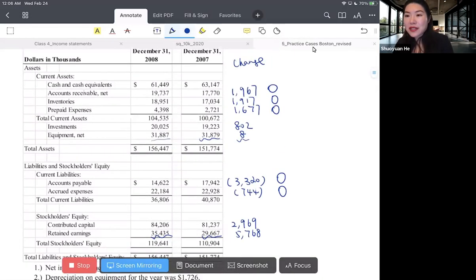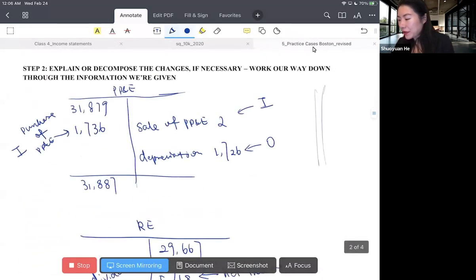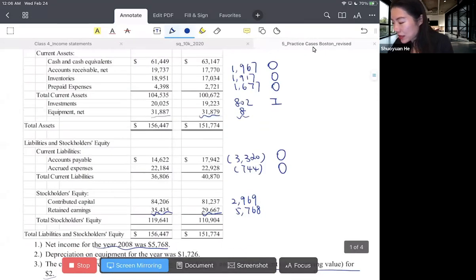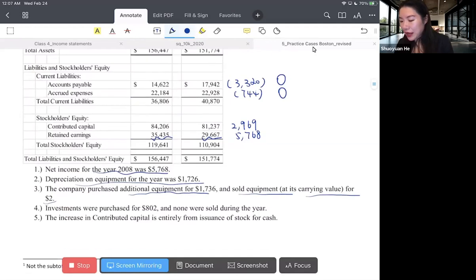For all of the long-term assets, investment is investing, and equipment, because of the decomposition here, is both investing and operating. And then contributed capital is financing.